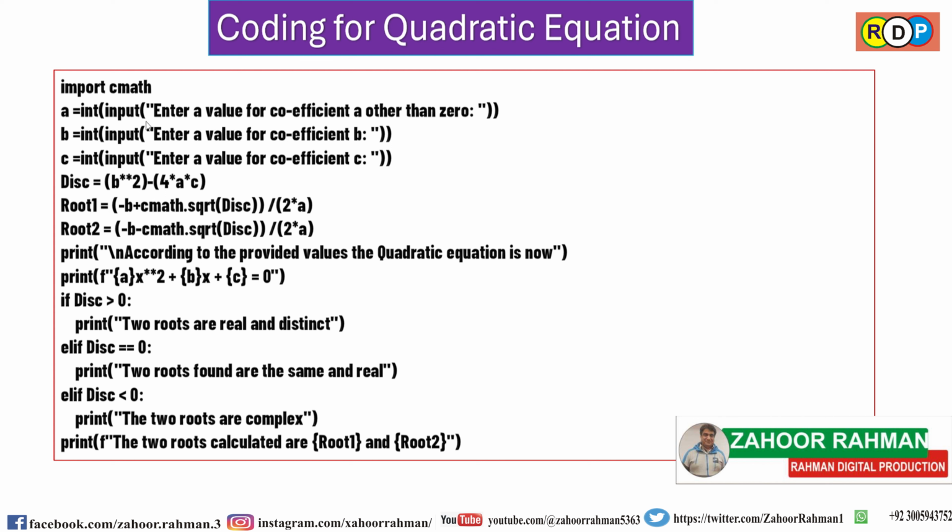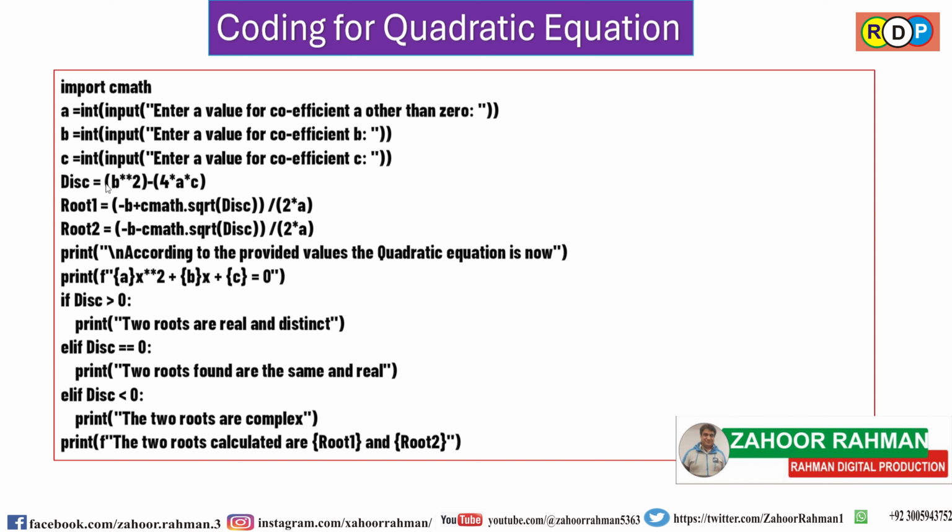The priority of operations is that anything enclosed inside parentheses will be evaluated first, then there is a minus sign, and then I enclose the second part of the discriminant in parentheses as well, that is 4 star a star c. Remember, dear learners, that you can never write 4ac without asterisks.